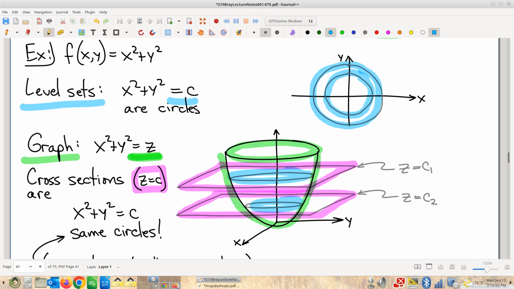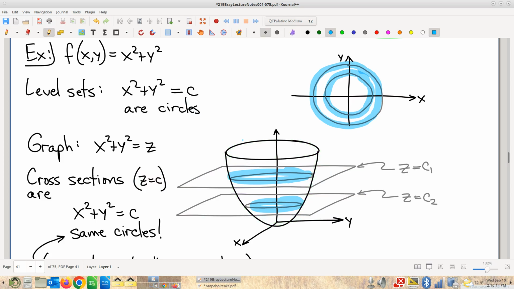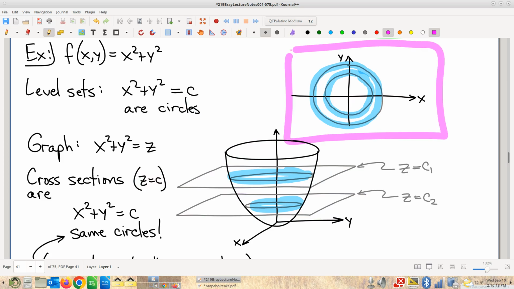Okay. Now let me confess to the crime. What did I say that's wrong here? The actual level sets, you'll notice, live in 2 dimensions. A point on one of these level sets has 2 coordinates, x and y.